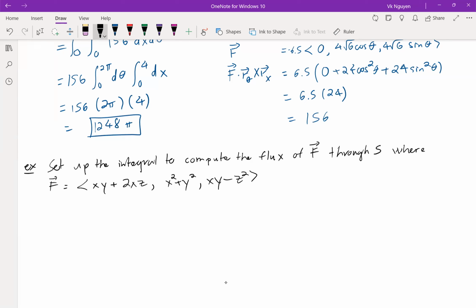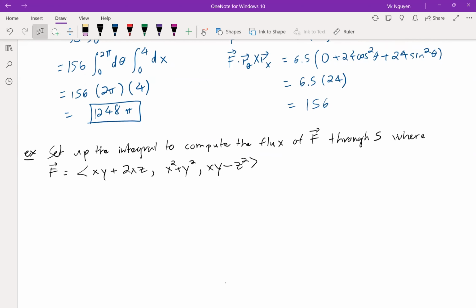Oh man, it's going to get crazy if you do the dot product.